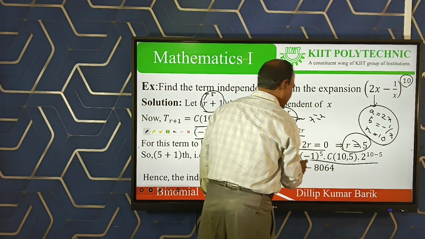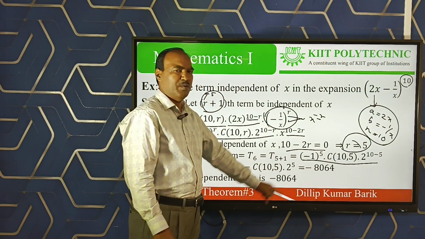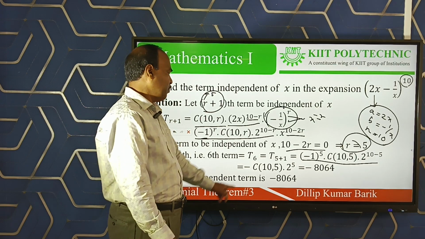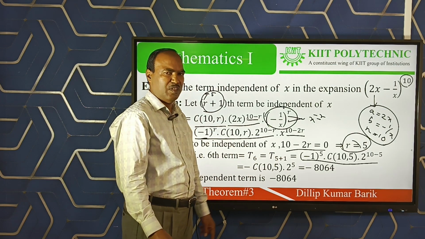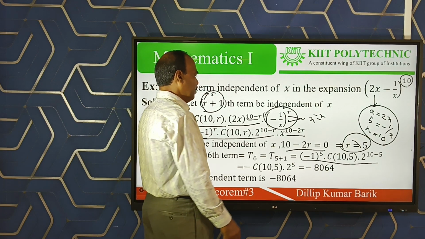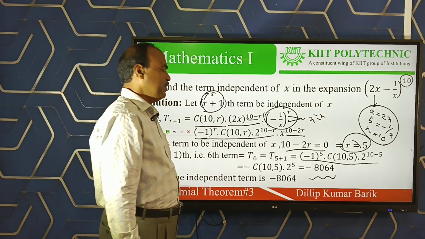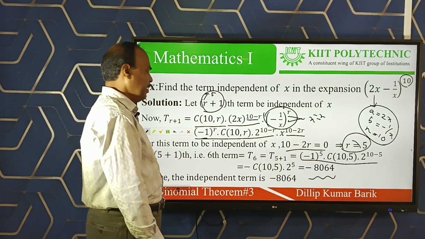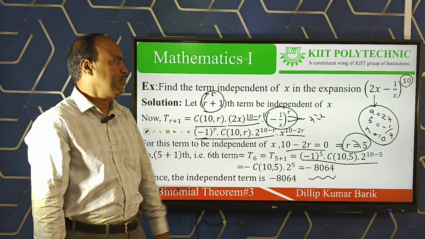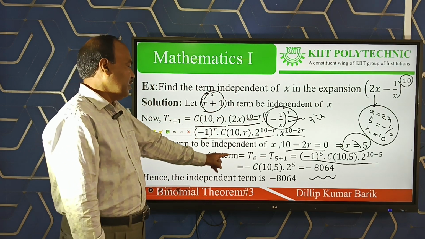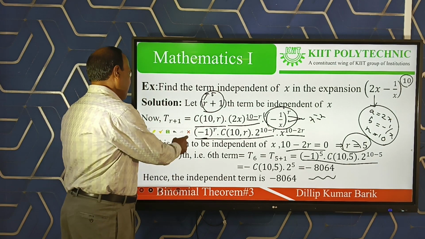After simplification, minus 1 to the power odd number is always minus, so minus 10C5 into 2 to the power 5, nothing but 32, and after simplification it will be minus 8064. Hence the required independent term in this expansion is minus 8064.